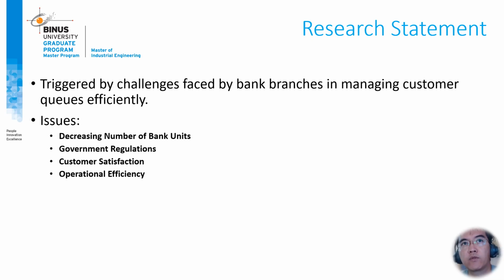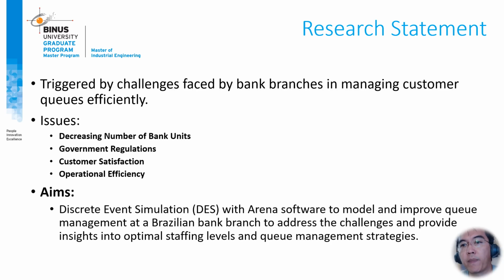And customer satisfaction, that is the need to improve customer satisfaction by reducing waiting time and managing queues more effectively, and the necessity to utilize bank employees efficiently to achieve service excellence and comply with regulation. The research is using discrete event simulation with Arena software.